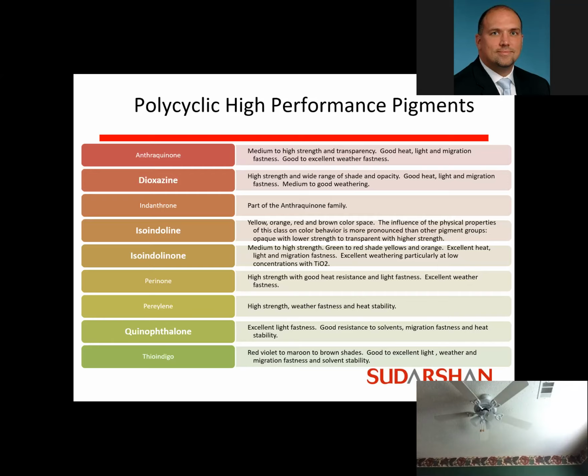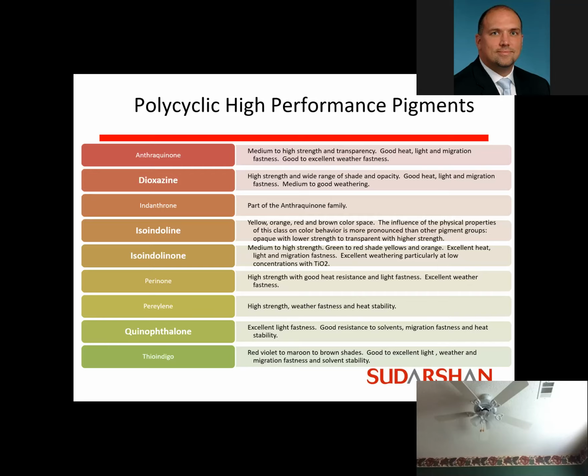The perylenes offer high strength with good heat resistance and light fastness, and excellent weather fastness. This is a rather limited but unique class of pigments. They offer high strength and high weather fastness and heat stability.